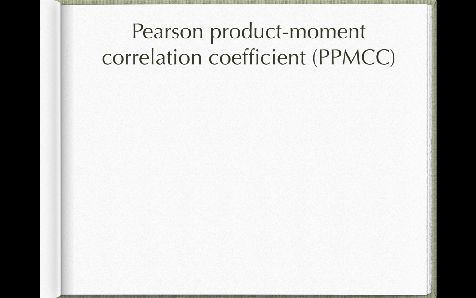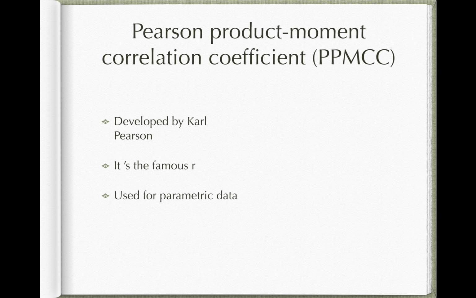Now we'll talk a little bit more about the Pearson product moment correlation coefficient. It was developed by English statistician Karl Pearson, and it's the famous R-statistic correlation coefficient we've seen in the slides. It's used only for parametric data. And here's the formula.